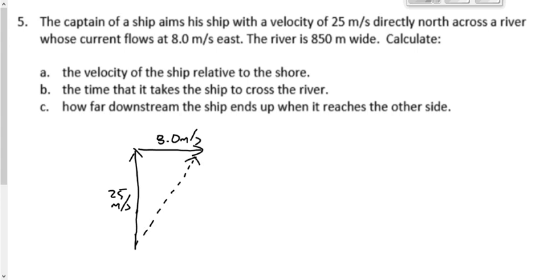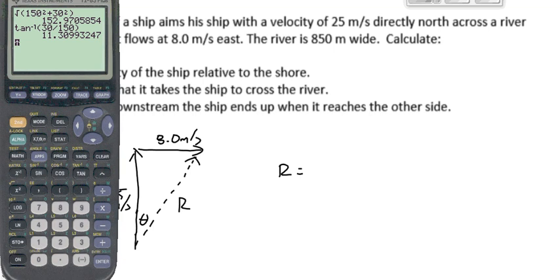The sum of those vectors, not 25 plus 8 is 33, but rather the square root of 8 squared plus 25 squared. Let's get that value, and let's get theta. R is the square root of 25 squared plus 8 squared, which gives me 26.